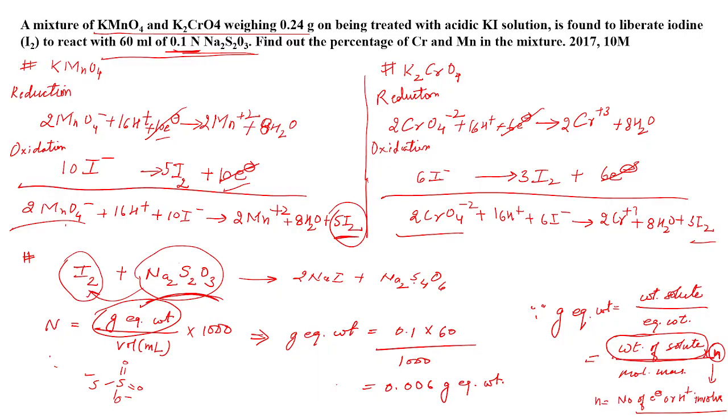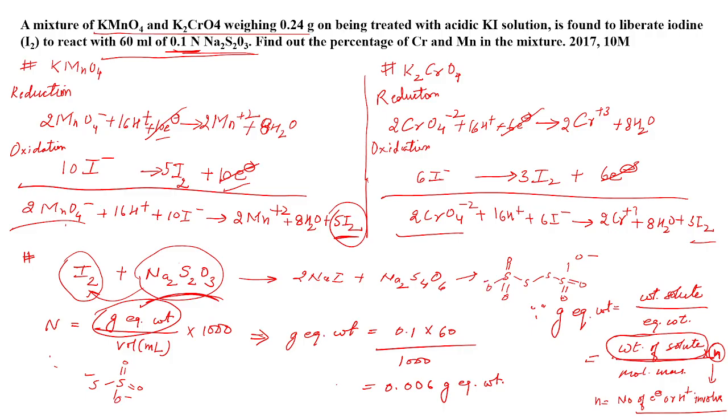And for this one, the structure is S double bond O, S double bond O, O negative. So this is the structure.